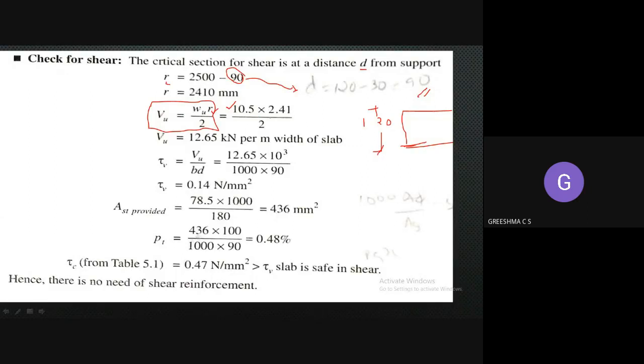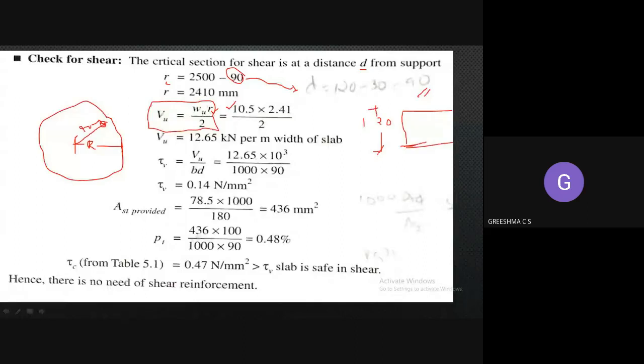So that r is there. How much is the r? R is the radius of the circular slab, the total radius of the circular slab, which you are taking as R. Anyway, what are we actually calculating here?